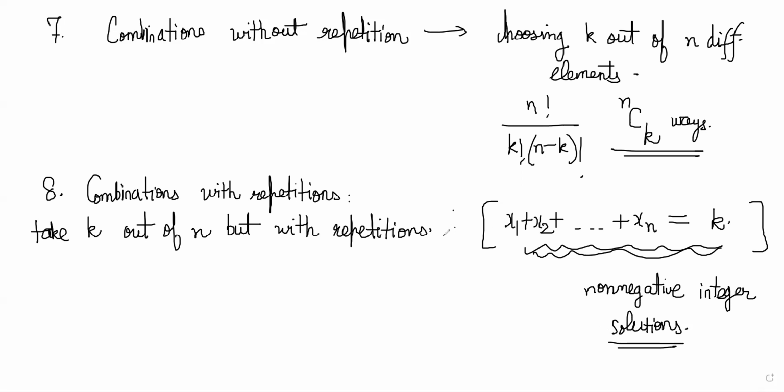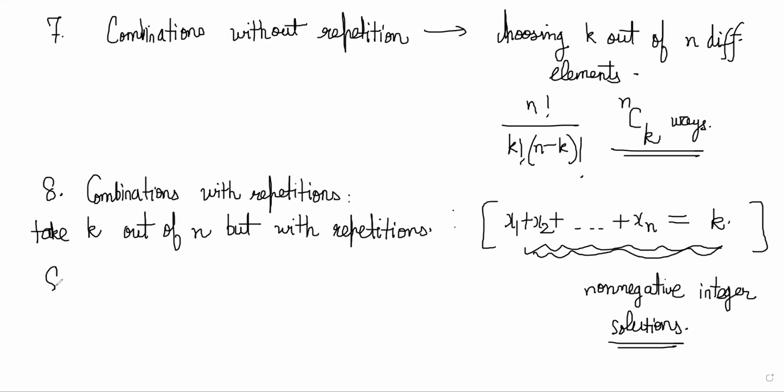So maybe you pick 2 times 1 and you pick 3 times 5 and so on. And that's how you selected the total number of k things, right? So we are basically now trying to solve this equation and finding how many solutions there are.